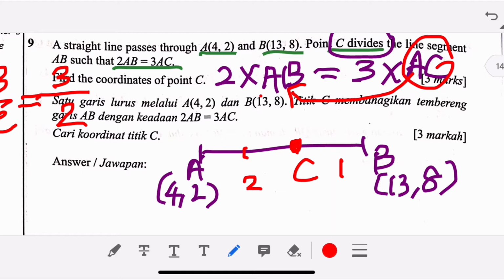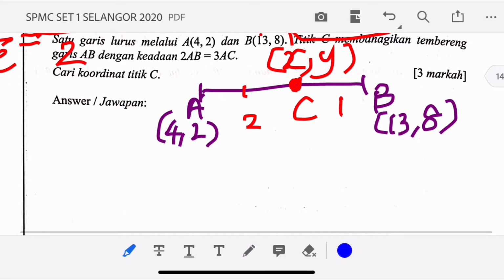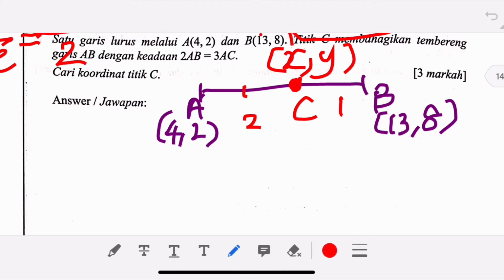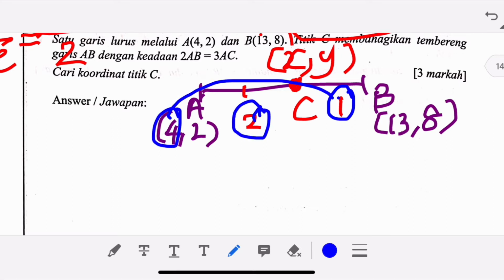We are asked to find the coordinates of point C. That means this is an unknown point, which is (x, y). So let's solve it using the ratio theorem. I always do it like this. I will cross the 1 times with the 4 and the 2 times with the 13. There is a cross between the two lines.